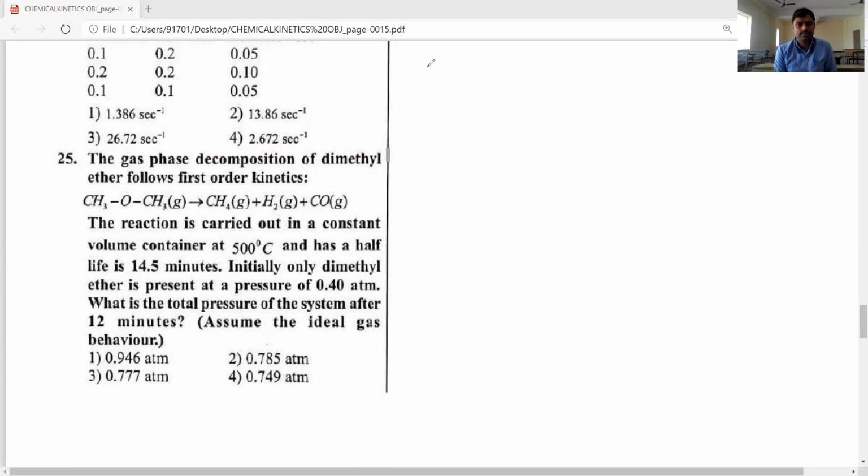Dimethyl ether, CH3OCH3, is converted into methane plus H2 plus CO. For this, at time t equal to 0, the initial pressure of dimethyl ether is 0.4 atmospheres.